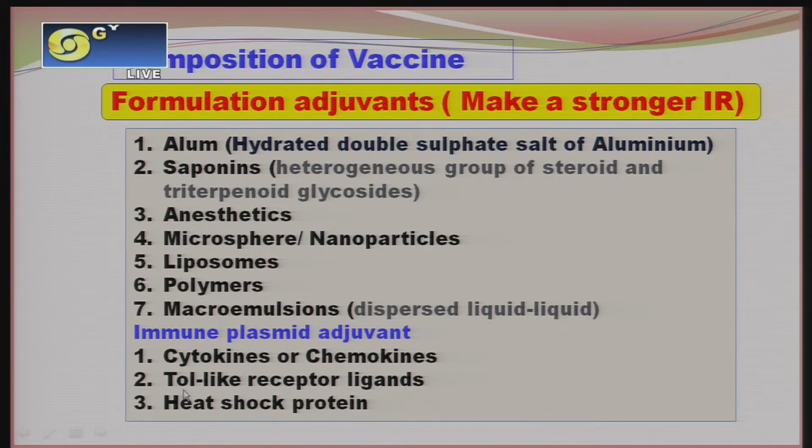Toll-like receptor ligands we can utilize. Heat shock proteins we can utilize. So it is a formulation. We take the vaccine, formulate it, and utilize it inside the body. They are able to produce a stronger immune response.